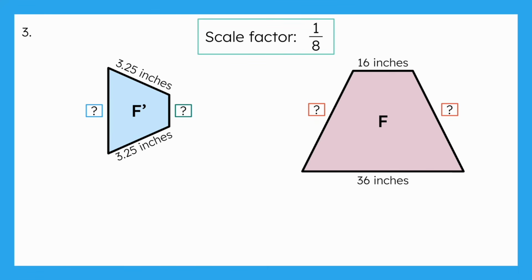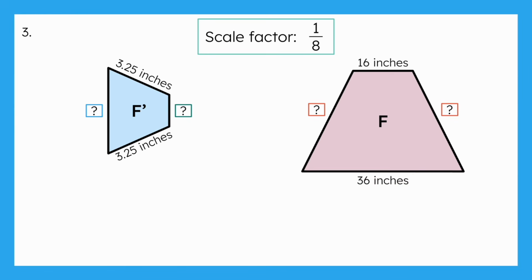We also want to make sure we're properly matching up the corresponding sides. Which side goes with the 16? Yeah, that would be this one, because this is the shorter, flat side. And which side goes with the 36? Yep, this one, the longer flat side.